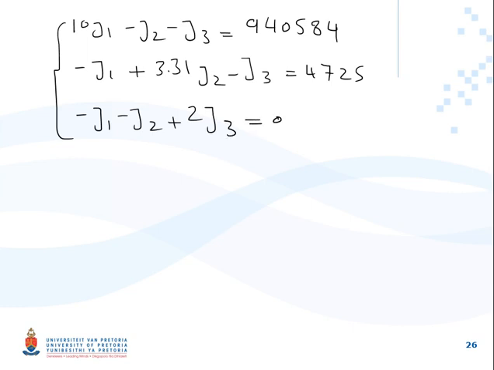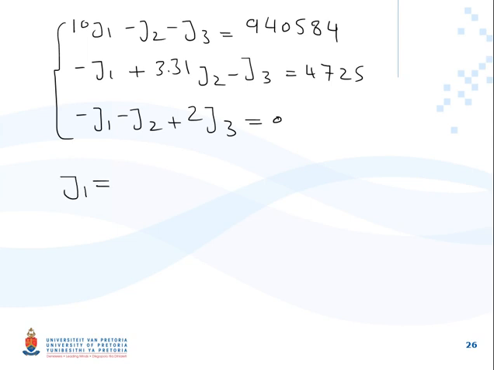Okay, so we have these three equations. By solving these three equations simultaneously, you can use your calculator. That's the reason, because without a calculator you won't be able to solve it.